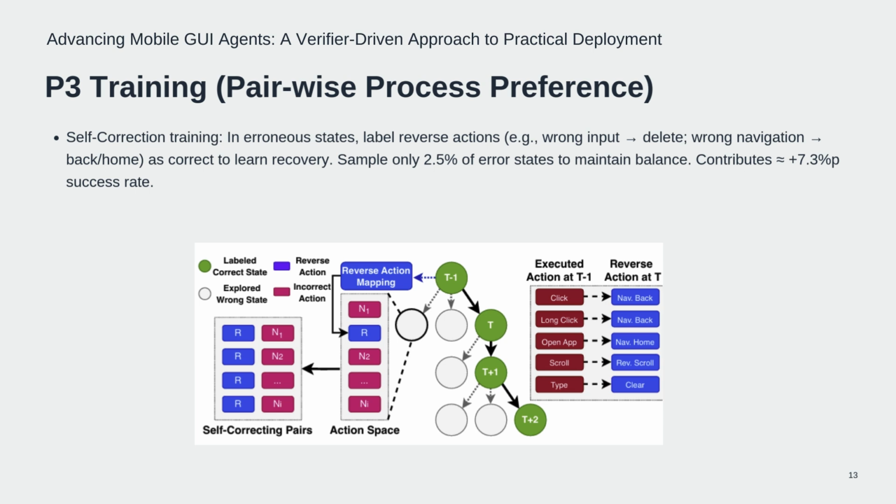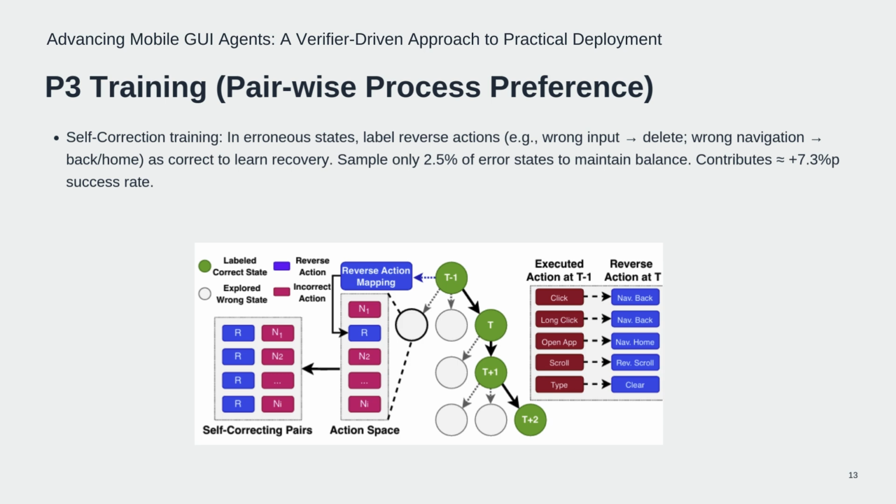However, they have to be careful not to overdo this. Otherwise, the agent might become overly timid or keep undoing things. So they sample only a small percentage, about 2.5% of error states, to apply this augmentation.